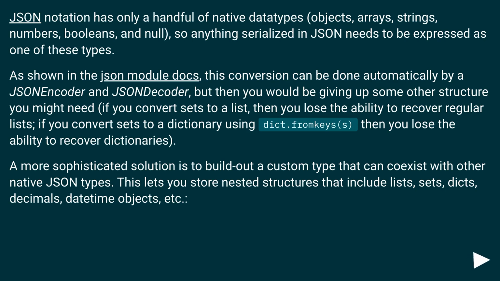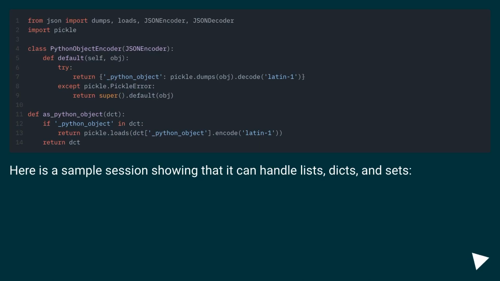A more sophisticated solution is to build out a custom type that can coexist with other native JSON types. This lets you store nested structures that include lists, sets, dicts, decimals, datetime objects, etc. Here is a sample session showing that it can handle lists, dicts, and sets.